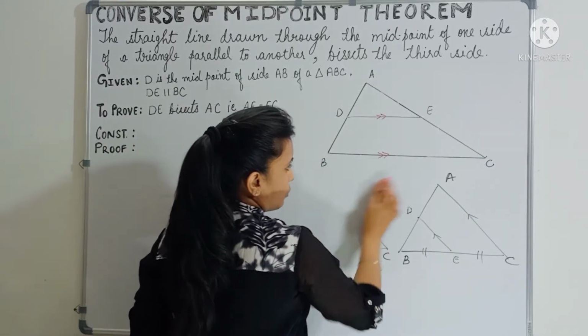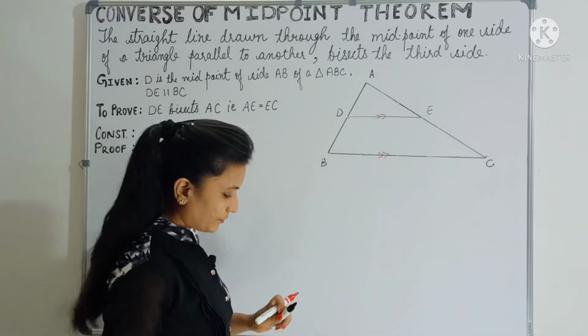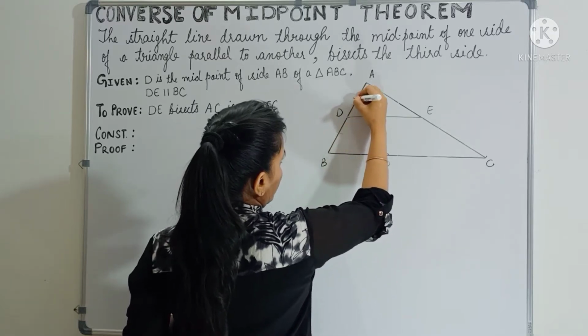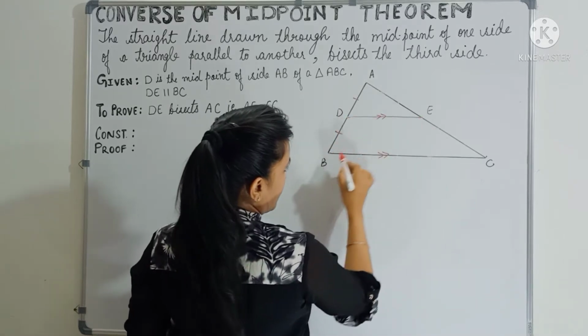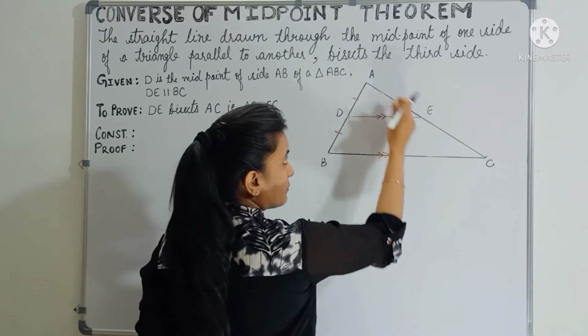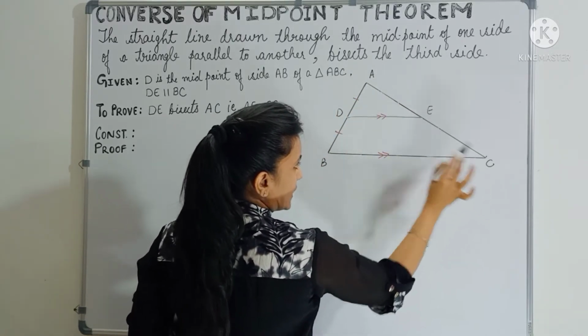Okay, let's see why in triangle ABC, if AD is equal to DB, and if DE is parallel to BC, then E will bisect AC. We have to show that AE is equal to EC.